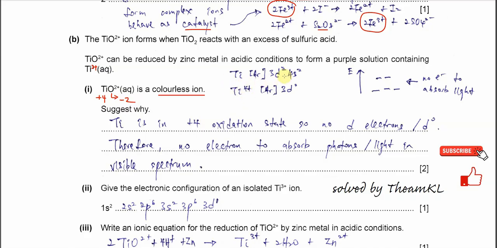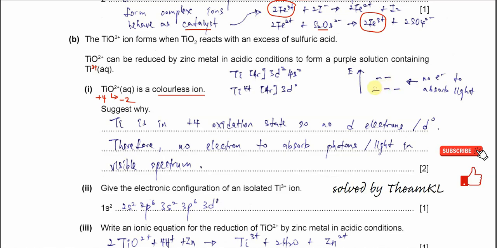So these 4 electrons need to be removed, all removed. Now it's a d0 configuration, which means no electrons in the d orbital. When a complex ion is formed, let's say octahedral, just as an example, it forms 2 sets of d orbitals, the non-degenerate orbitals.